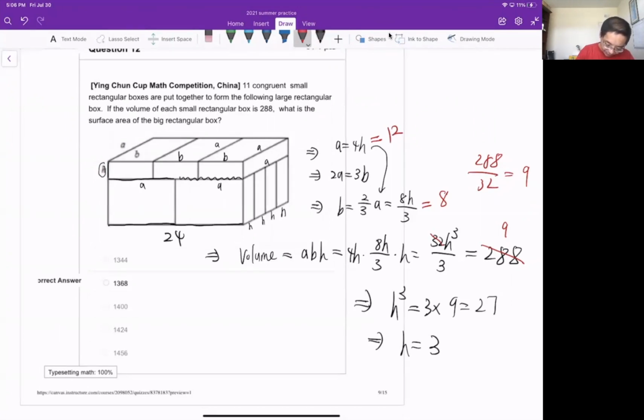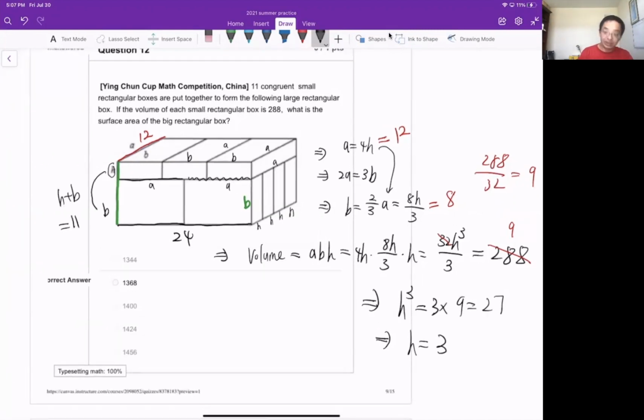And this dimension will be a, which is just 12, and then this dimension is h plus b, which equals 3 plus 8, which is 11. All right, so the dimensions of the big rectangle box are 12, 11, and 24.